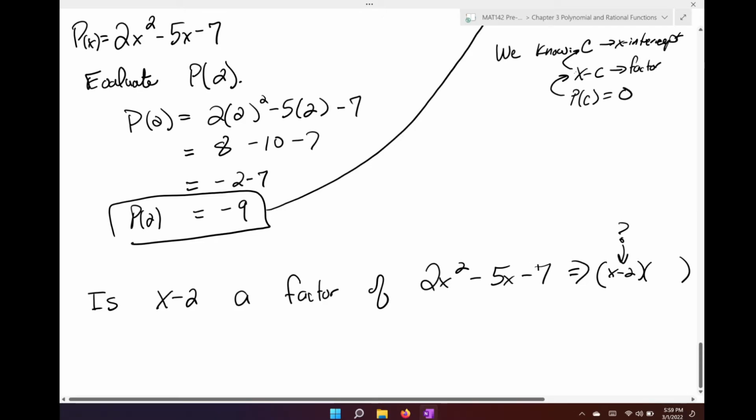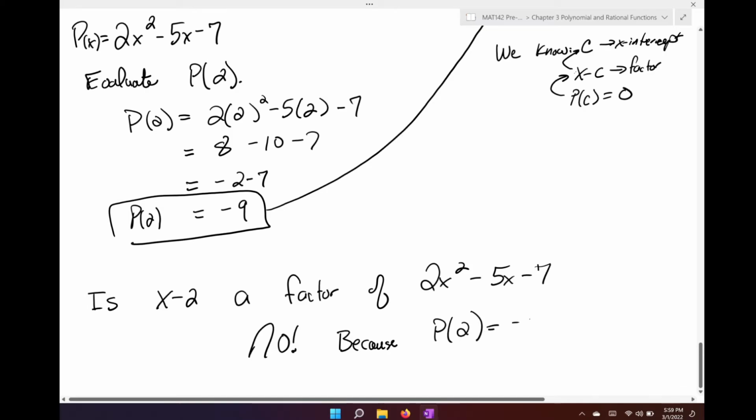And without even trying to factor it, what you can say is no. And the reason you can say that is because P of 2 equals negative 9. You wanted P of C to equal 0.